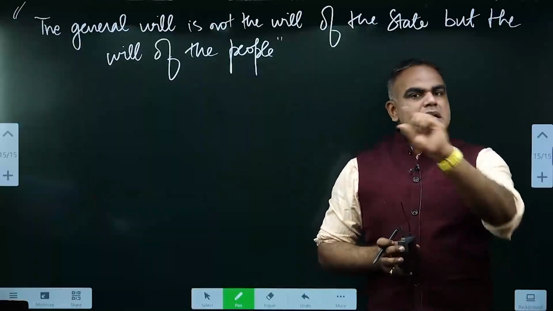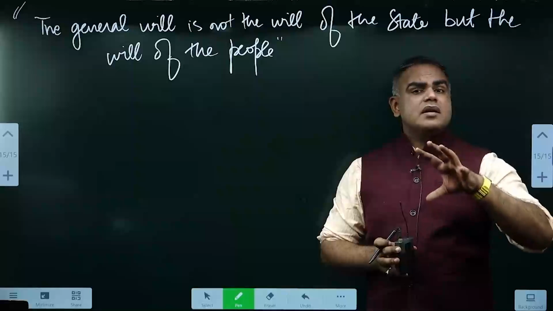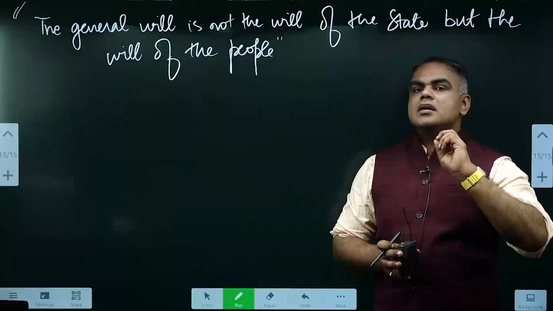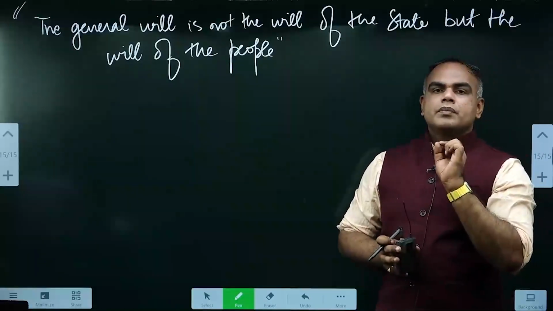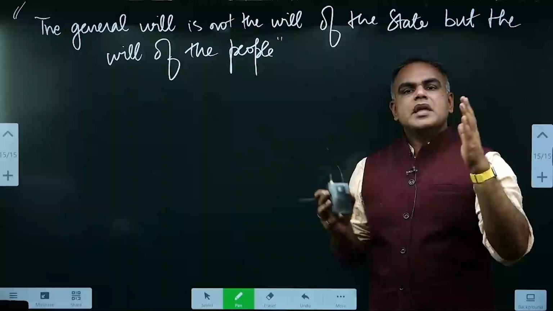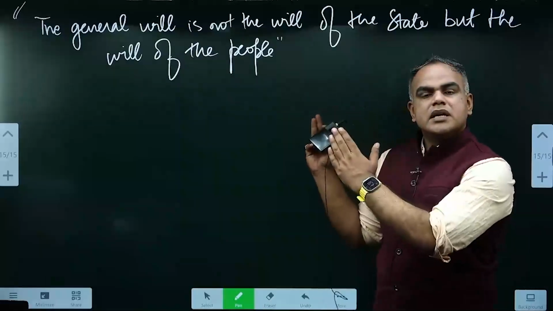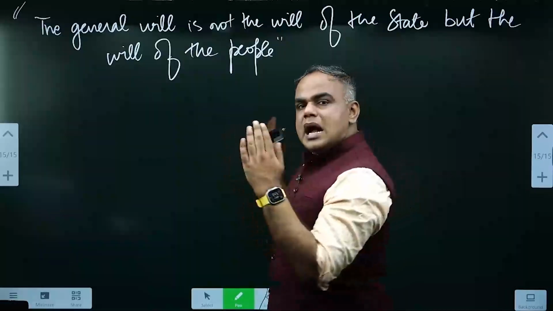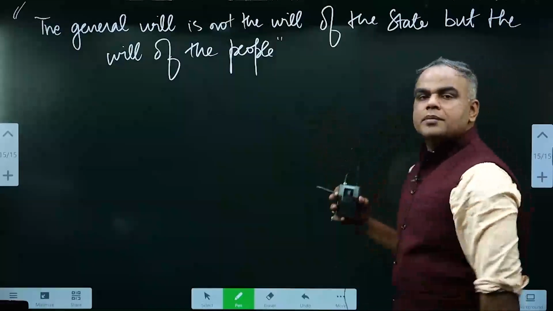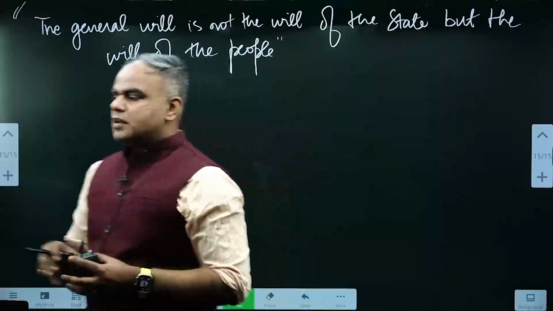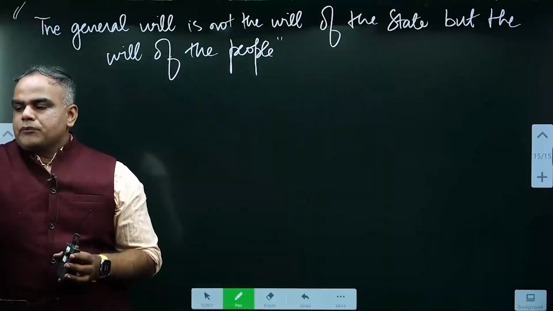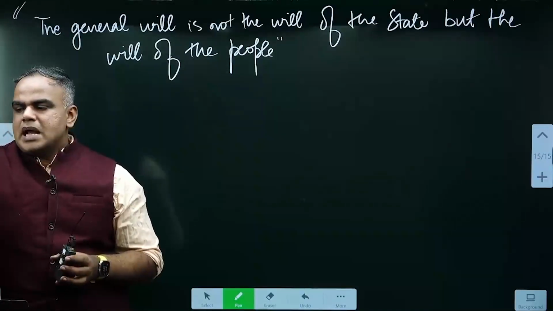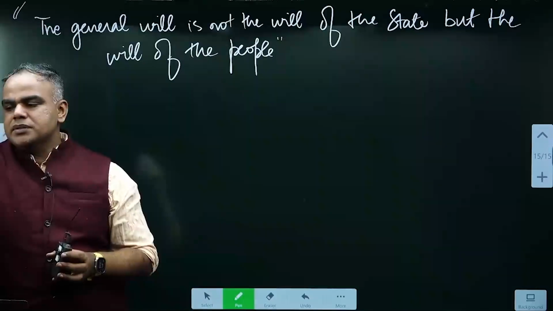So here he makes a distinction. When we say general will, if the state is implementing the general will, it is not the will of the state, it is the will of the people. So the state cannot be arbitrary. If you notice Laski as well as MacIver, their main idea is to reduce the sovereignty of the state and also reduce the discretion, the distortion of powers. Ultimately, the idea is to reduce the sovereignty, reduce the arbitrariness.